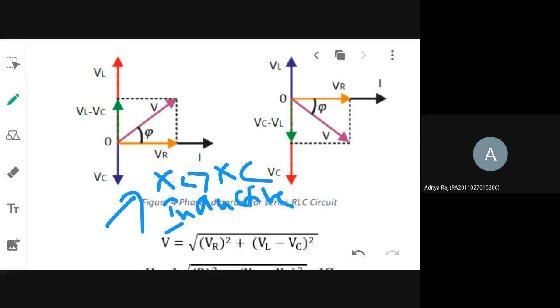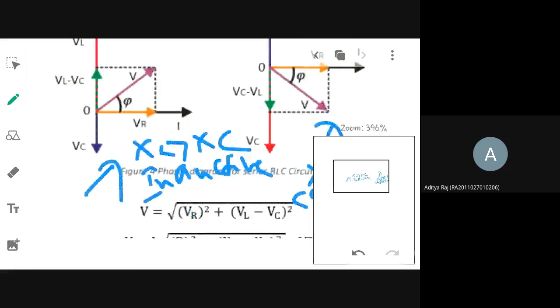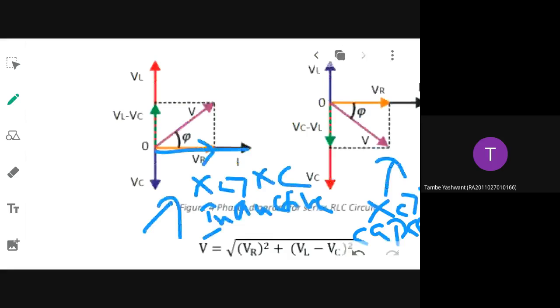The second case, XC is greater than XL, that is, the circuit is more capacitive. But other things are same. Again, you take resistance as reference. Voltage across resistance in phase with the current, that is the reference.